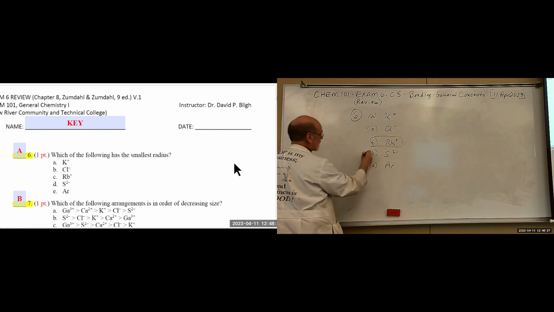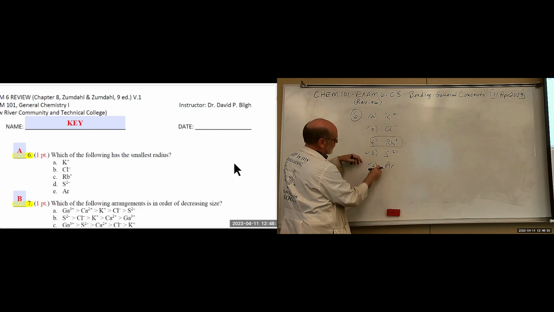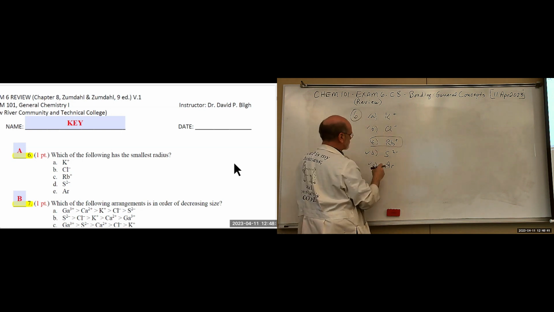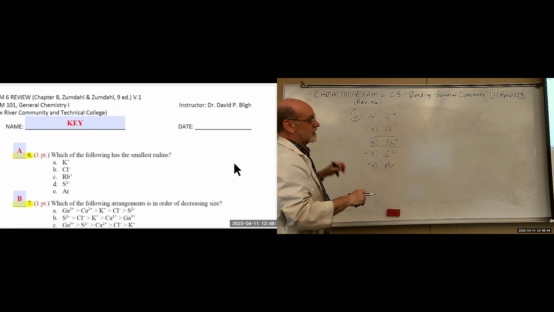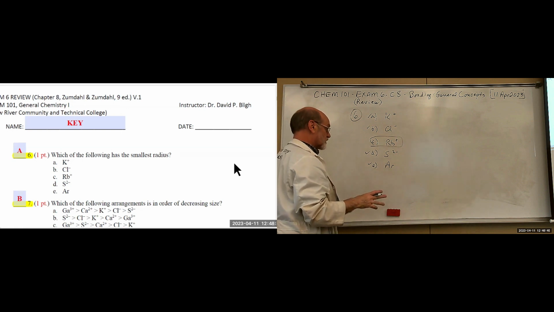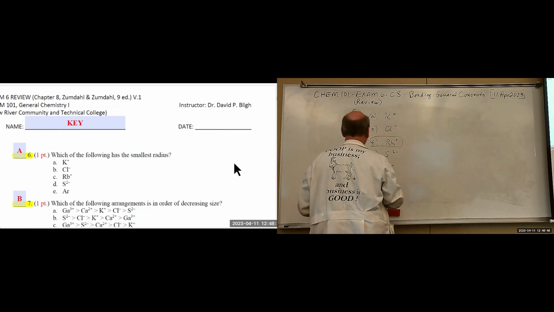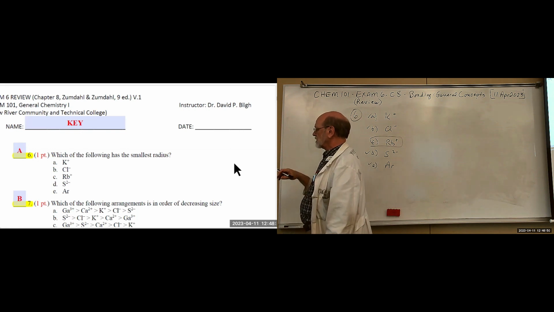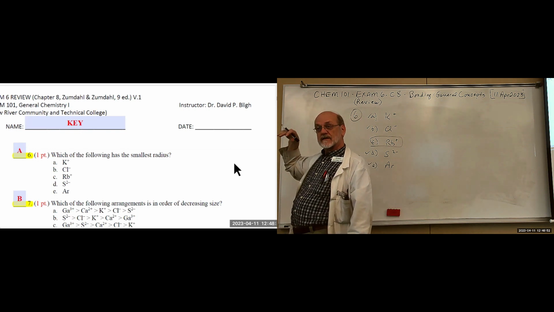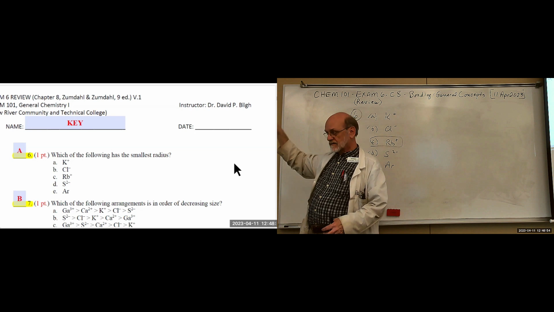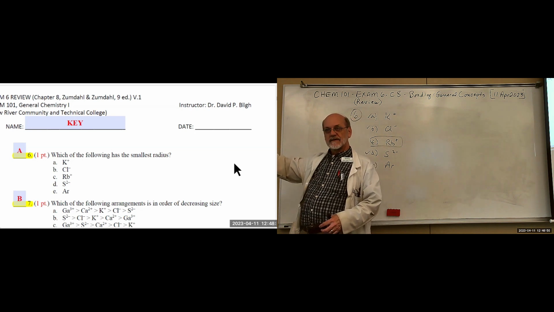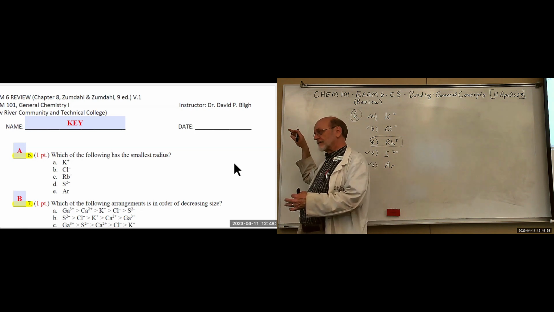Sulfur, yeah. So all these are isoelectronic. What we have to do is say, which of the following has the smallest radius? Remember the trend: atomic radius is bigger down and to the left, and smaller toward the upper right.